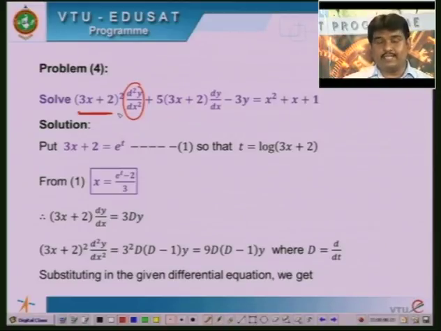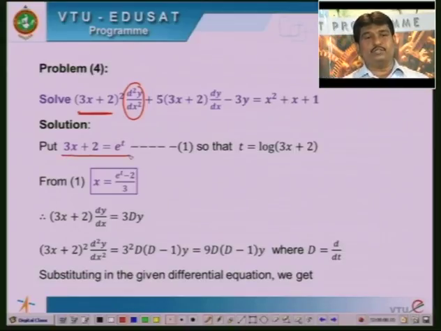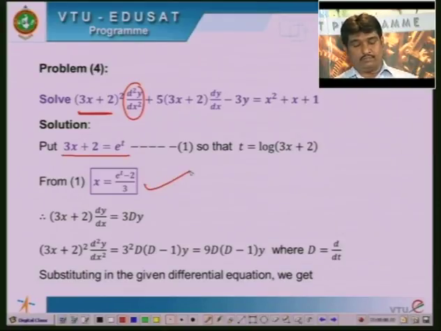In this case, a is 3 and b is 2. This equation reduces to an equation with constant coefficients using the substitution 3x plus 2 equals e to the power of t. So x is (e to the power of t minus 2) divided by 3.